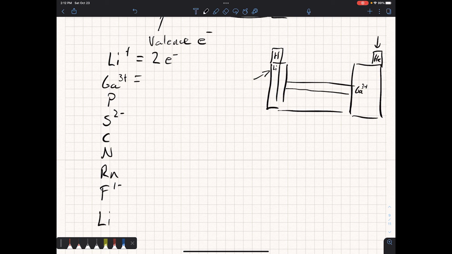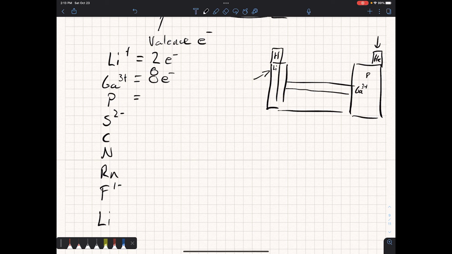They're always 1 principal quantum shell below the highest. So when we take gallium, we do minus 1, minus 2, minus 3. Then we have the same number of valence electrons as argon, I believe it is, but that's 8 valence electrons.